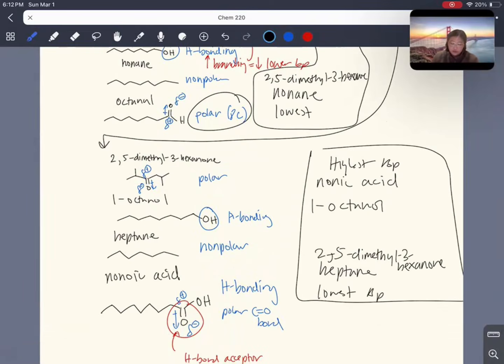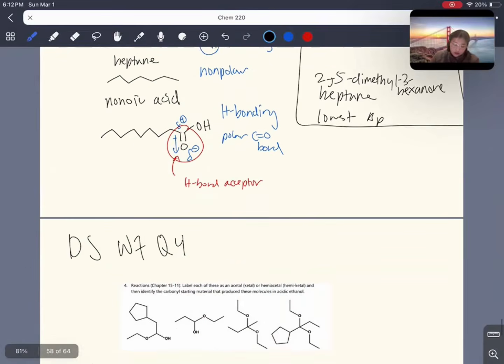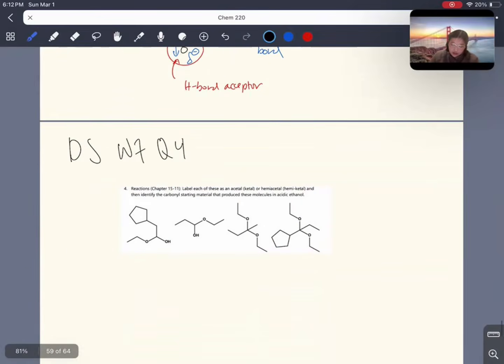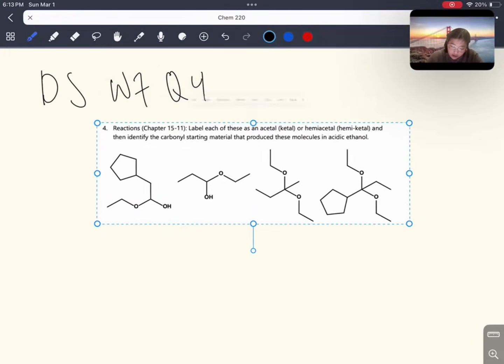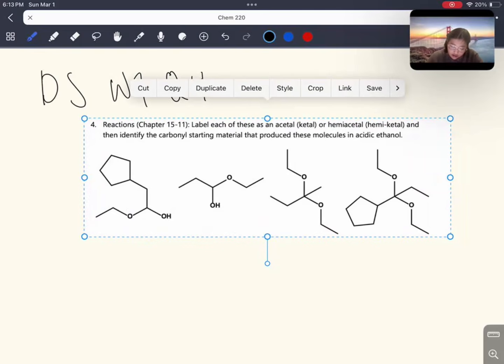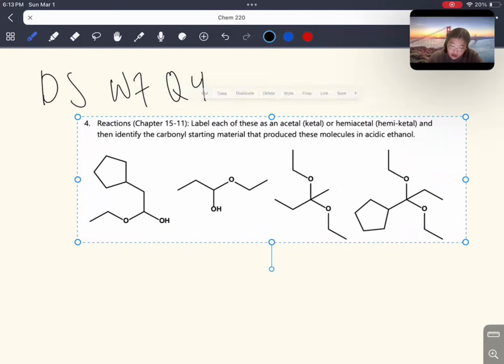Okay. So the next question is discussion section, week 7, question number 4. And it asks you to label each of these molecules as an acetal or hemiacetal, and then identify the carbonyl starting material that produced these molecules in acidic ethanol.